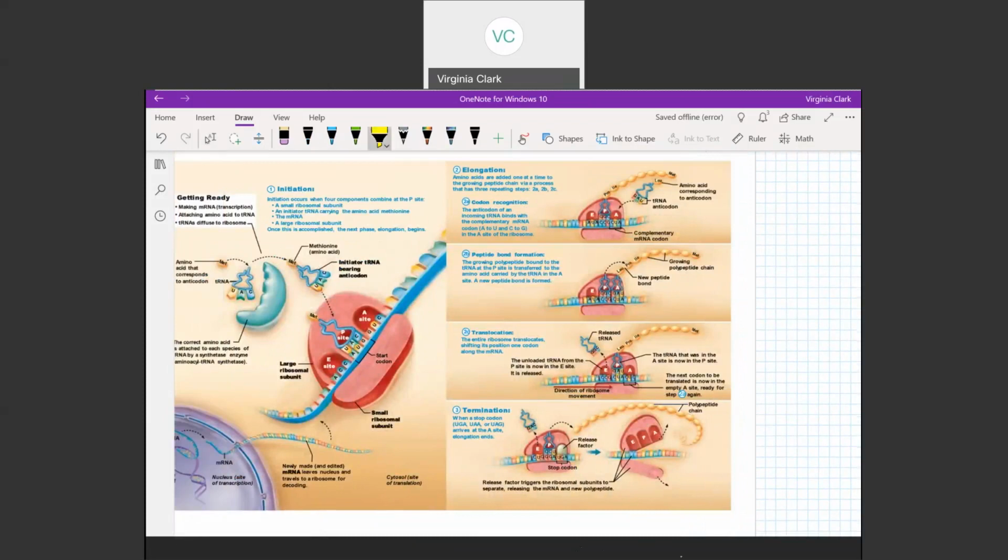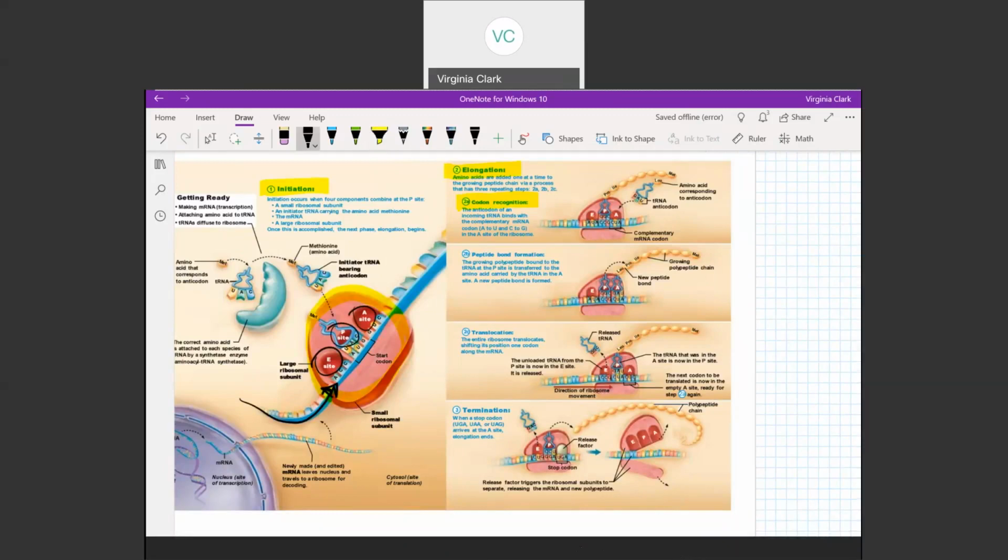So we've done initiation. Here is our mRNA unit. Sorry, here is our ribosomal RNA unit. Here is our mRNA strand coming in. Inside this ribosomal unit, there is an A site, a P site, and an E site. So in this phase of elongation, we were at the first part with codon recognition.